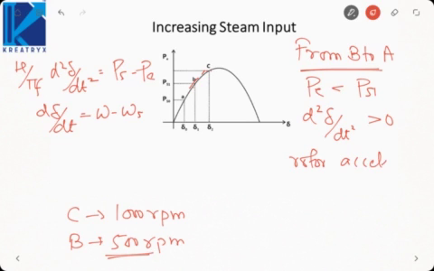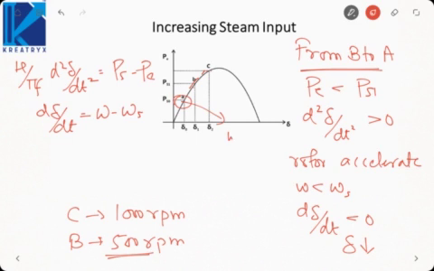Now at point B, we have a speed equal to 500 rpm. If rotor accelerates, it will start increasing, but still it will be less than synchronous. So d delta by dt will be less than 0. Delta will reduce. Again at A, I will consider that the speed becomes equal to omega s. So that is called your second swing.